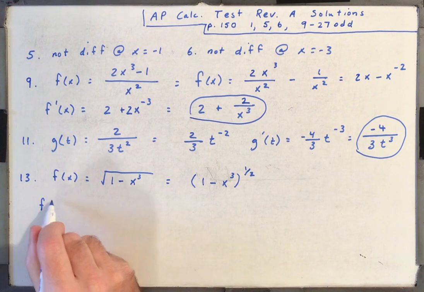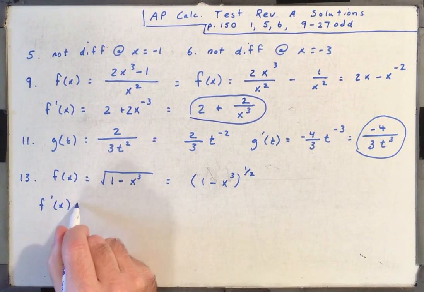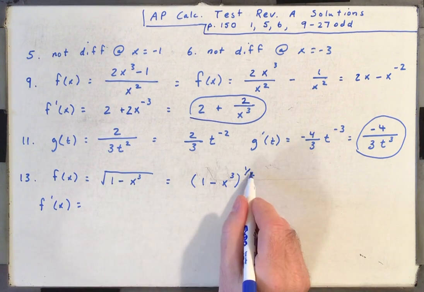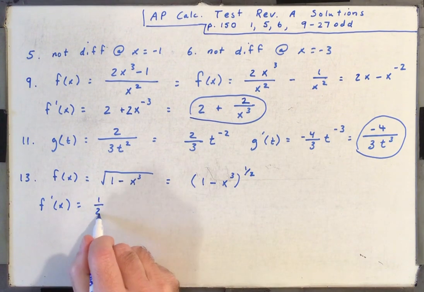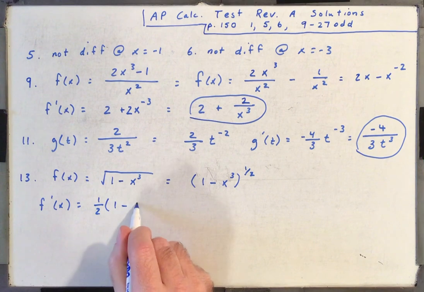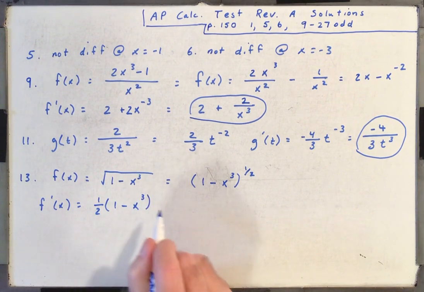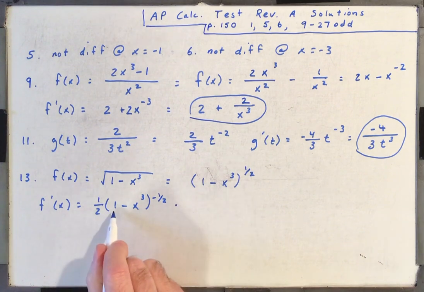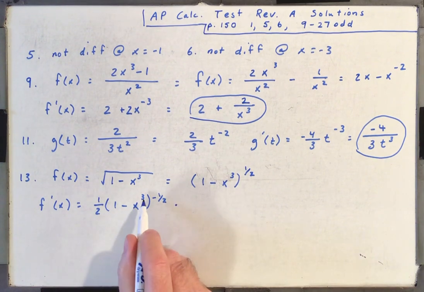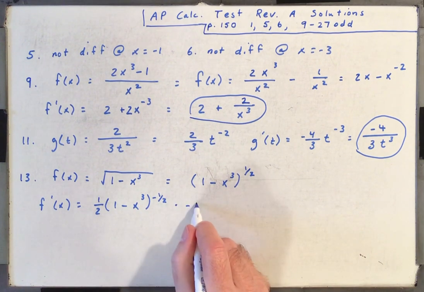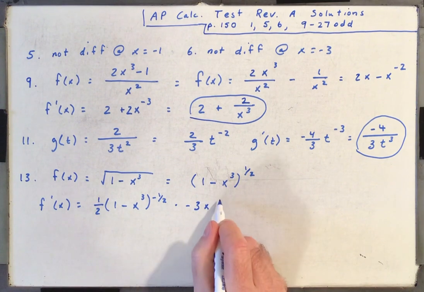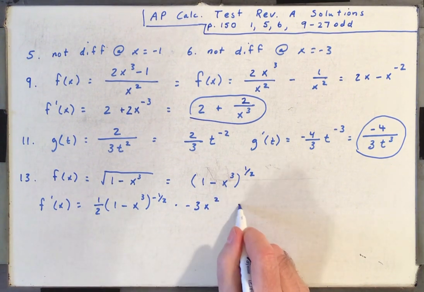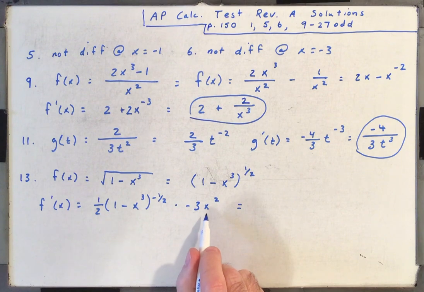So f prime of x, we're going to use the chain rule. 1/2 times 1 minus x cubed to the minus 1/2 times the derivative of the inner function, what we call the blob. So that would be negative 3x squared. All right, so let's clean this up.